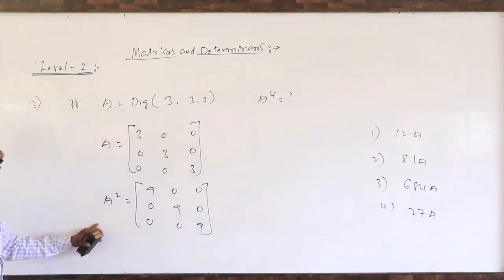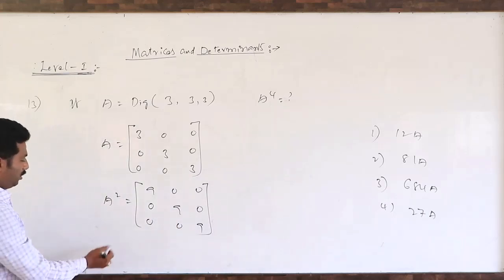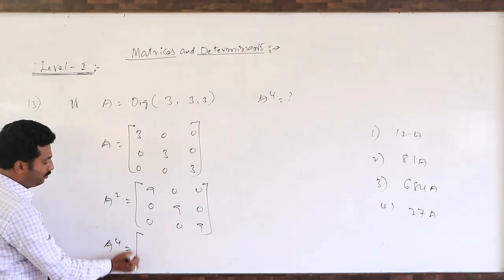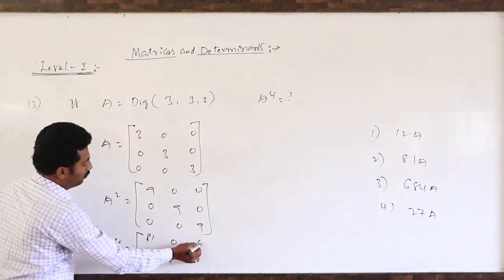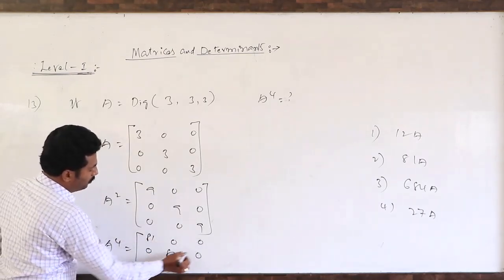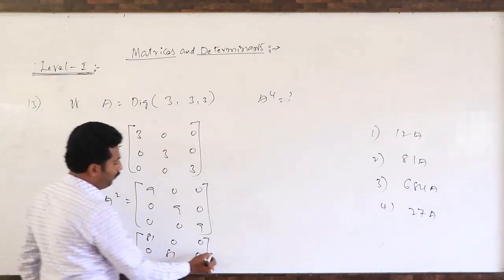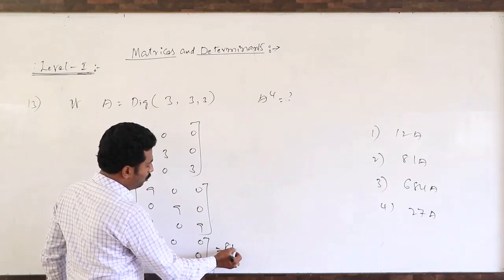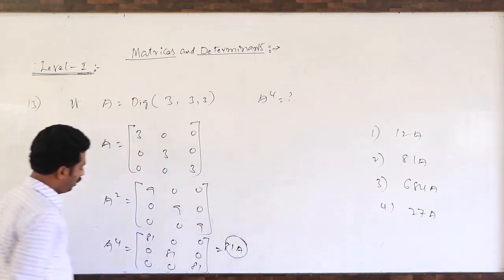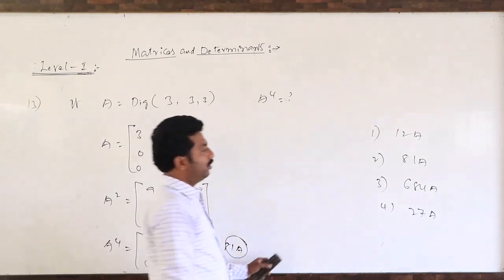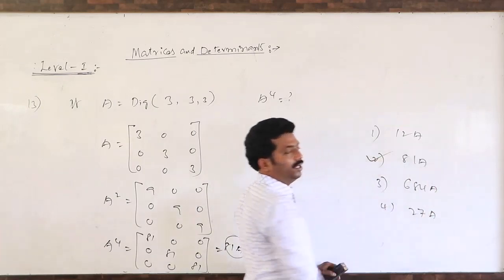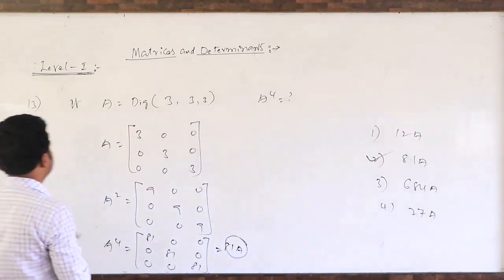A power 4 means 81. So A power 4 equal to 81, 0, 0, 0, 81, 0, 0, 0, 81. So if you take 81 common, we got 81A. So clearly A power 4 equal to 81A. So that is the answer.